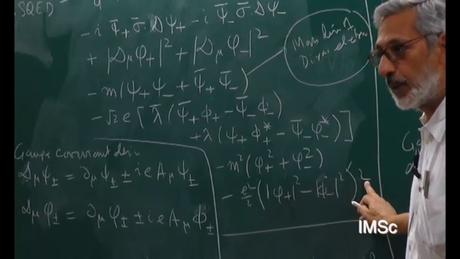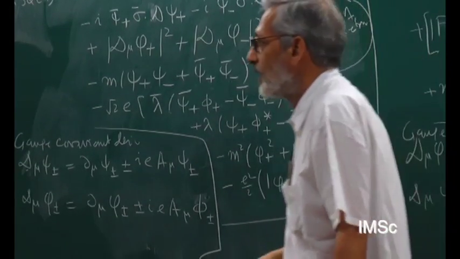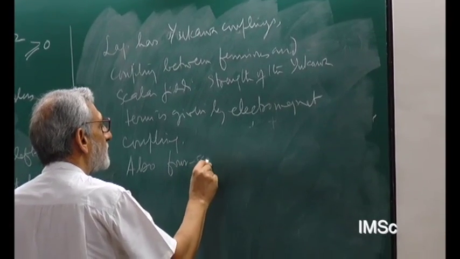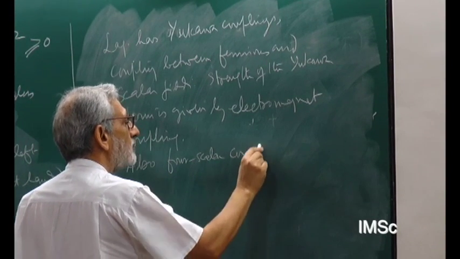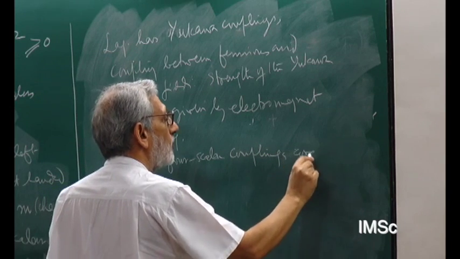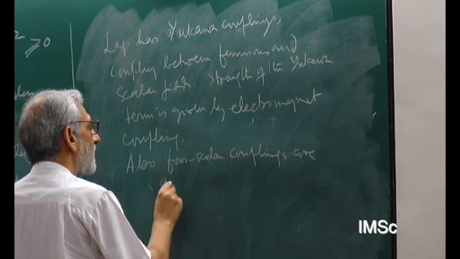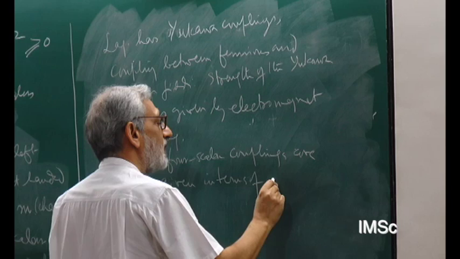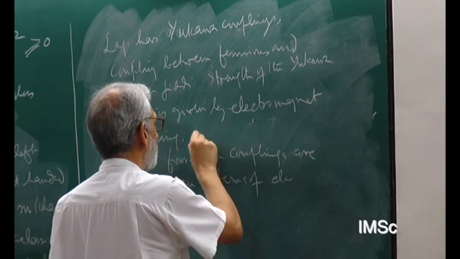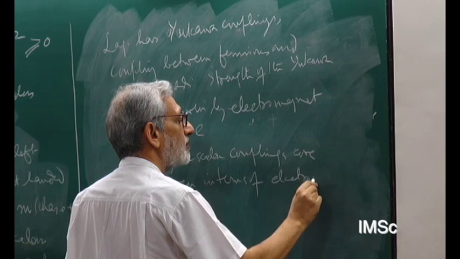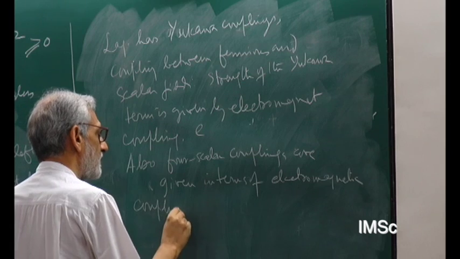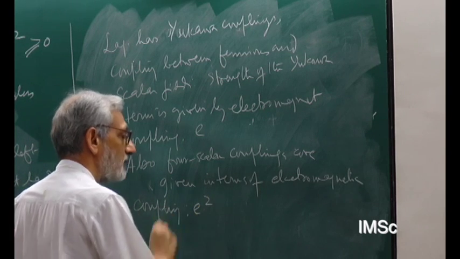So it has four scalar couplings, which are also given in terms of the electromagnetic coupling, e square.